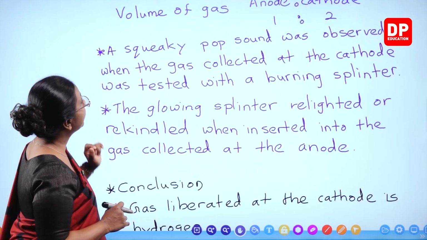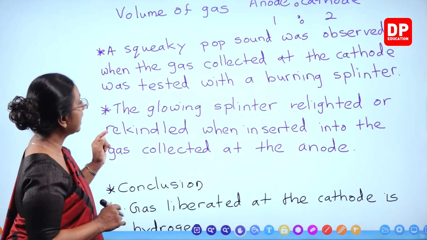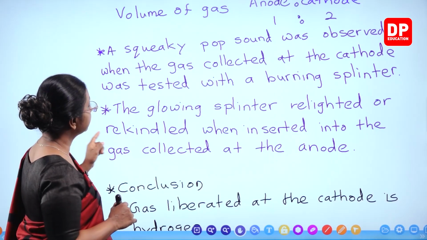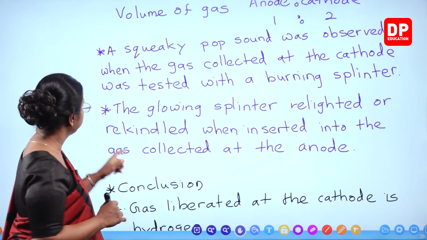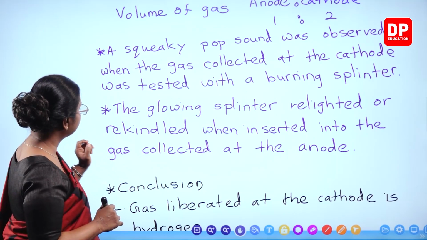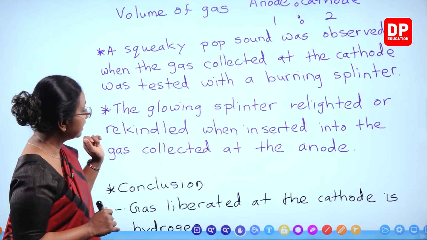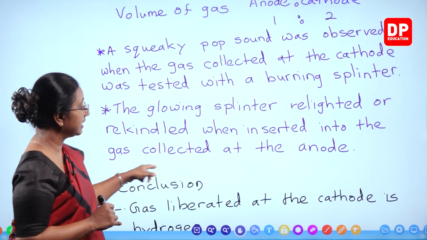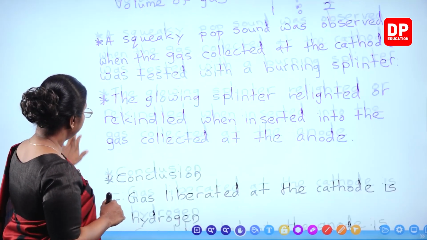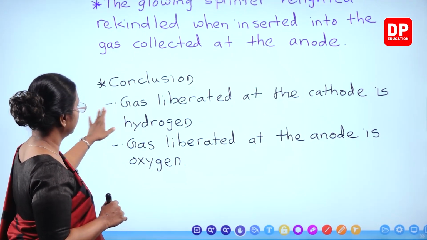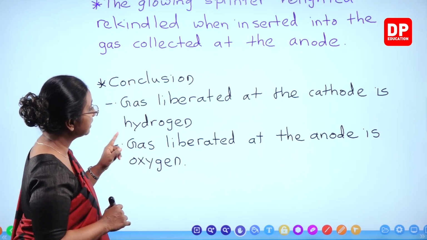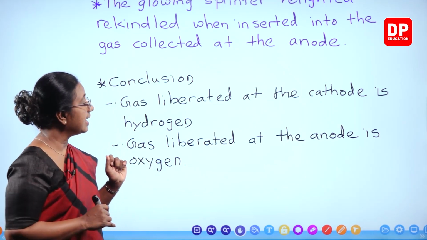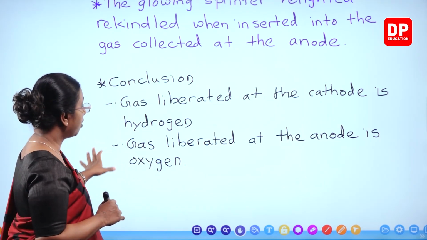A squeaky pop sound was observed when the gas collected at the cathode was tested with a burning splinter. The glowing splinter relighted, or rekindled, when inserted into the gas collected at the anode. So the conclusion: gas liberated at the cathode is hydrogen and gas liberated at the anode is oxygen.